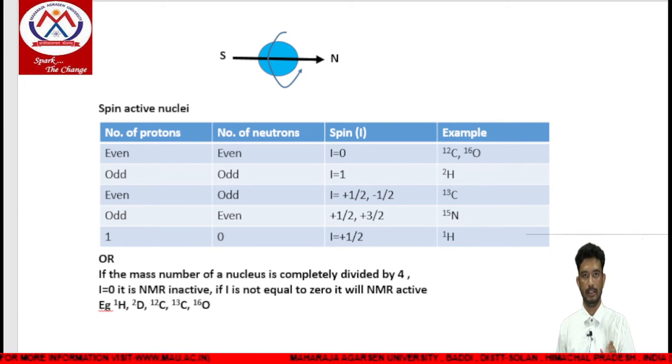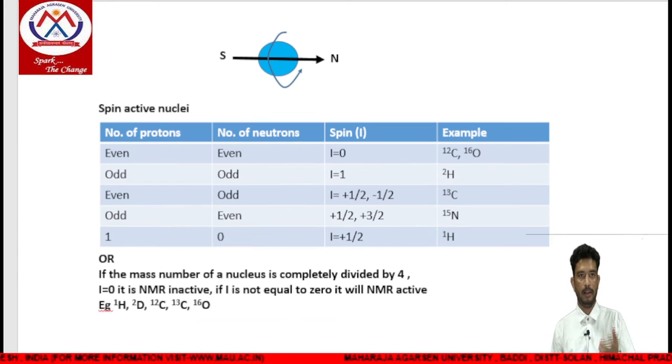I is our spin quantum number, and it depicts the amount of magnetic moment on that particular nucleus. For example, if we have an even number of protons and an even number of neutrons, I is 0, as in carbon-12 and oxygen-16.